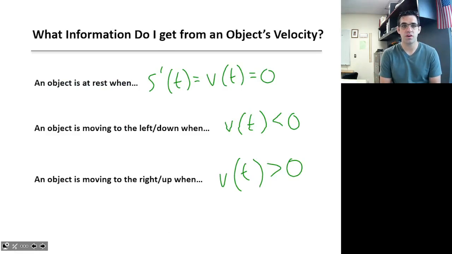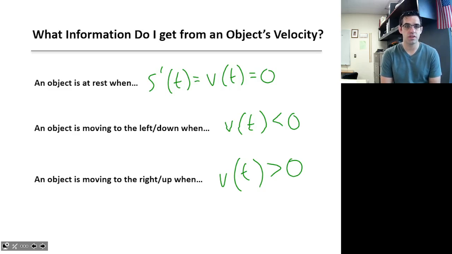A couple things to note about velocity. An object is at rest when its position is not moving, or in other words, its velocity is 0. So when s prime of t is 0, or when v of t is 0, our object is at rest.